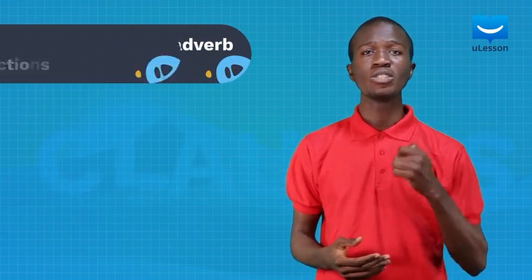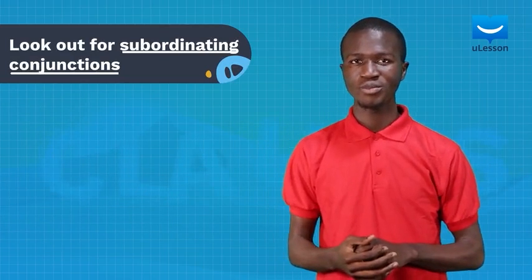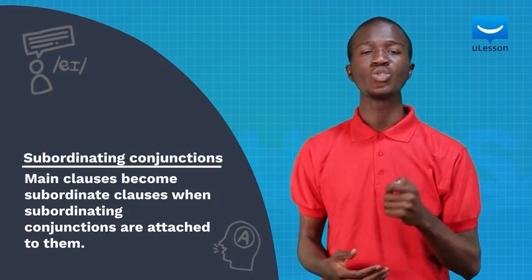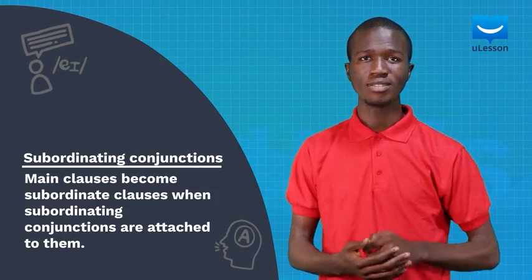Simply look out for subordinating conjunctions. What are those? Okay, so you know that dependent clauses cannot express a complete thought, right? This is because there is always a word attached to them that marks them out as subordinate clauses. Once these words are attached to a main clause, it becomes a subordinate clause.